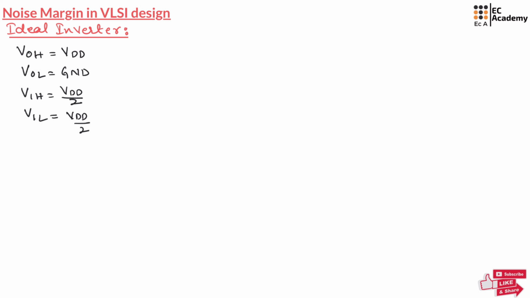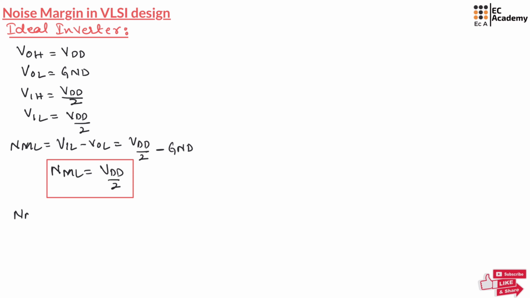Now let us substitute these values into the noise margin equations. We know NML is equal to VIL minus VOL. Here VIL is VDD by 2 and VOL is ground, which is 0. So VDD by 2 minus 0 is VDD by 2. NML will be equal to VDD by 2.